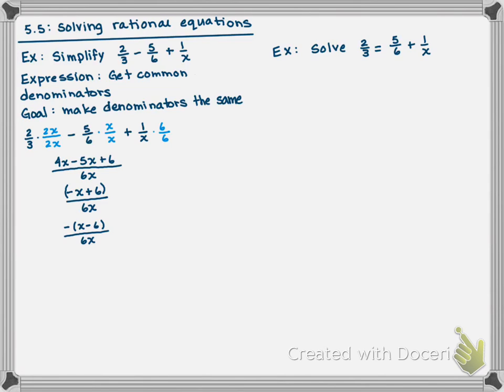So because this is an equation, we're going to clear fractions. Our goal when we clear fractions isn't to make all of the denominators the same, it's to get rid of all of the denominators.